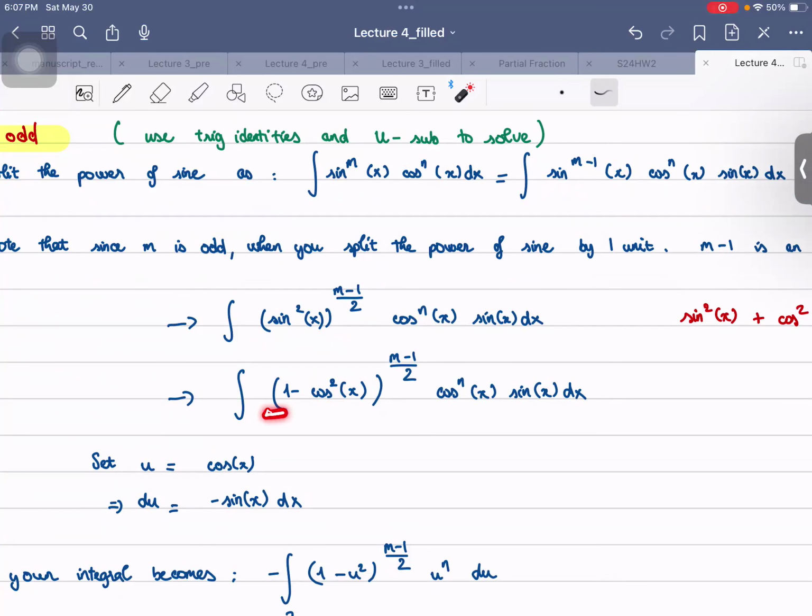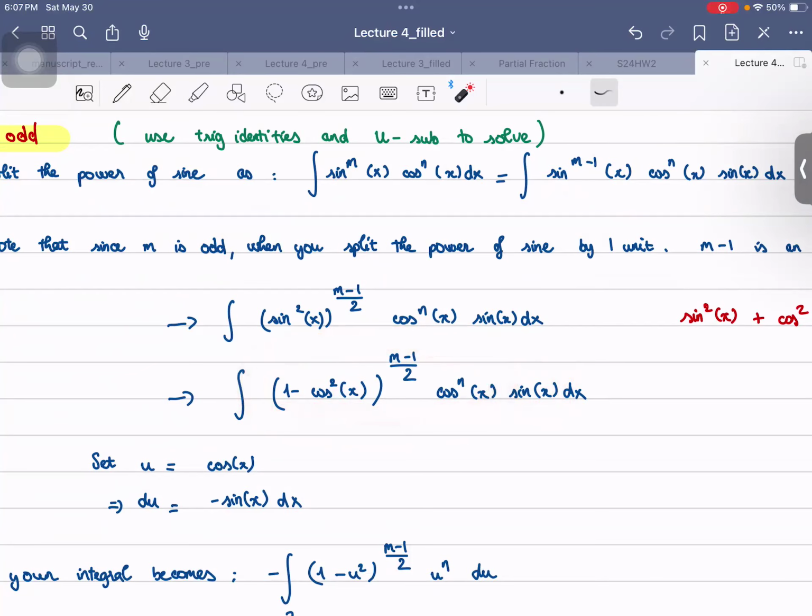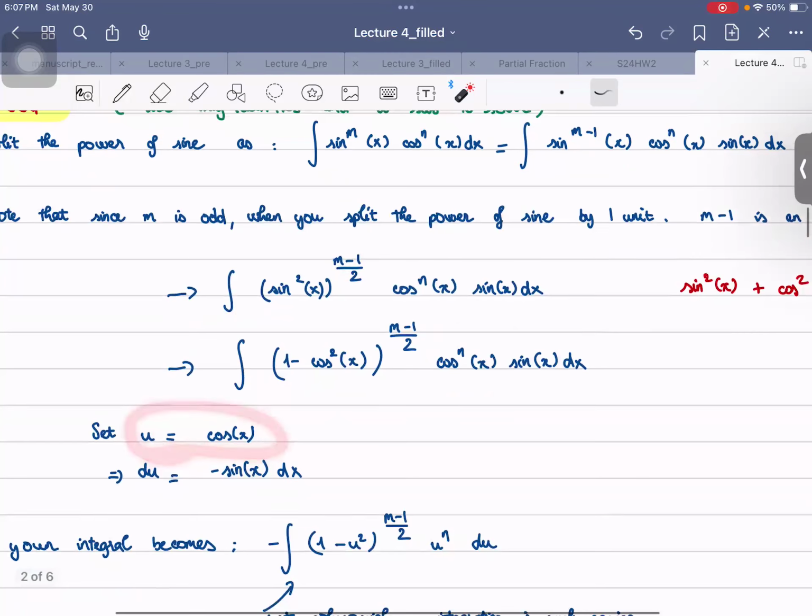Over here, you can see that you have a function in terms of cosine, and you have some extra function, sine of x. The rest is the function in terms of cosine, so this is the perfect situation for u substitution. You just need to set u equal to cosine of x.